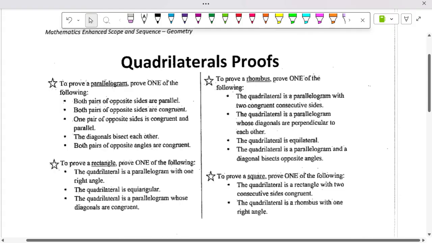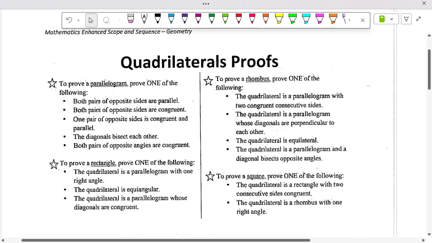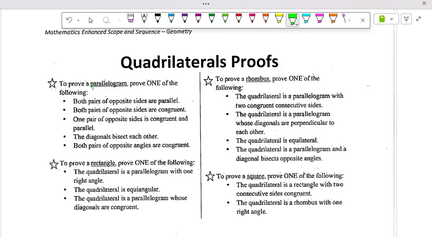So go to that other graphic organizer, the pink one. All right, so to prove a parallelogram, one must prove one of the following.